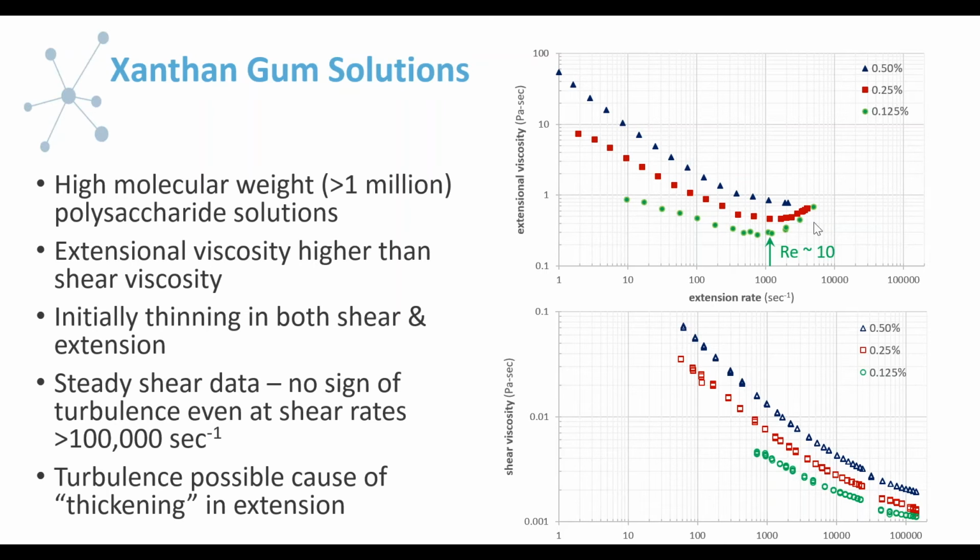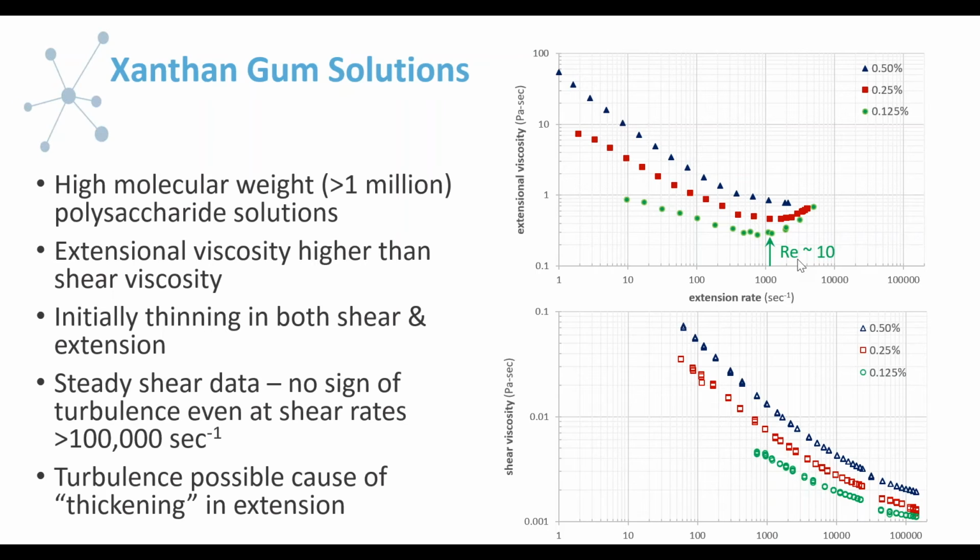Now, we can't tell for certain what exactly is happening in the system unless we have some sort of flow visualization. But if we go back to calculate the Reynolds number, for example for the green curve, the lowest concentration curve, as we described with the equation on the previous page, we see that at this point, where I'm indicating with the arrow, the Reynolds number is about 10.